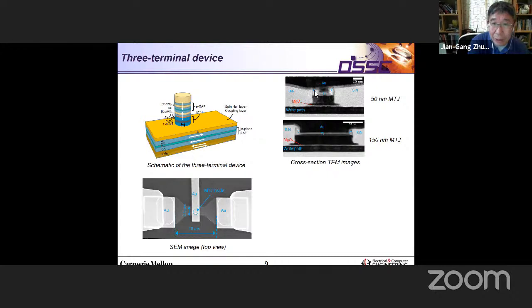You can see this is the cross section, and you can see the MTJ and the magnesium oxide layer. We stopped at the magnesium oxide layer, and there's a little step here, and it's tough to do this ion mill. Then we put on a top gold electrode on top of the MTJ.